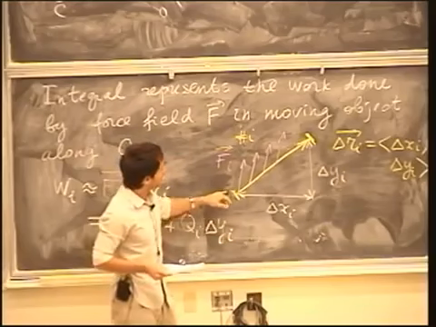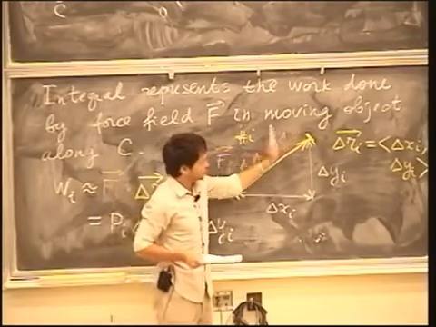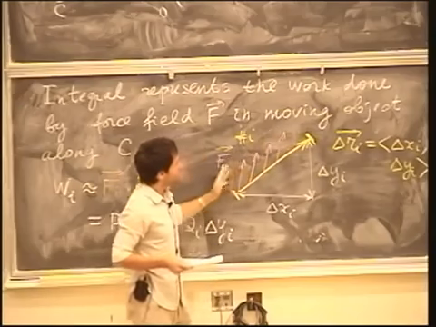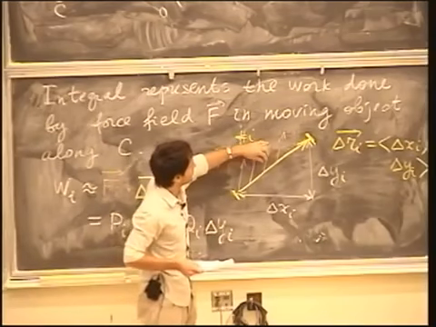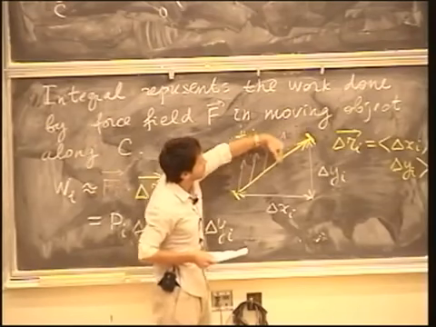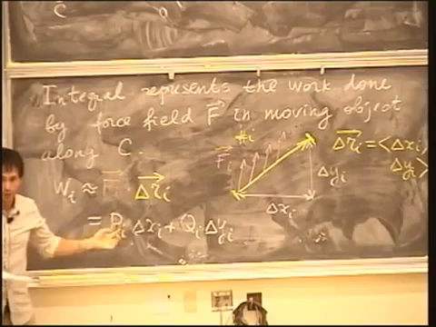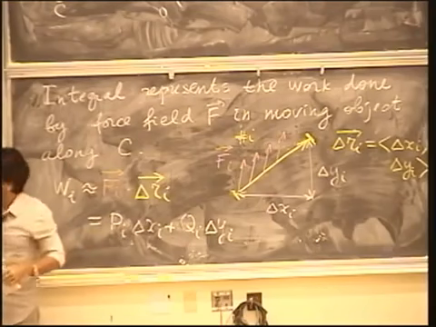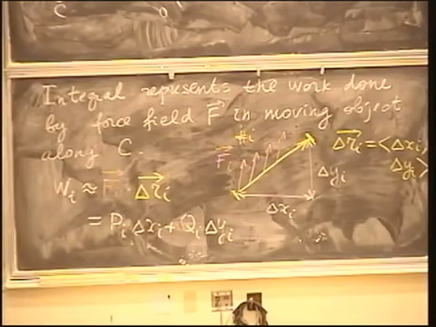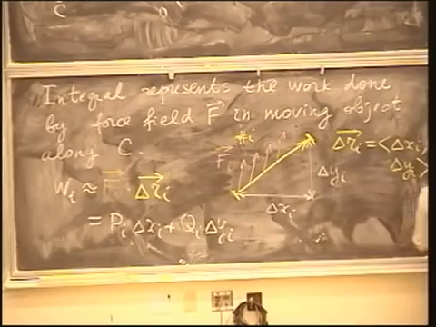And the second approximation we make is that the vector field also varies in general a little bit along this segment, but we are assuming that actually it doesn't vary. So we pick a particular value somewhere in the middle, and we just assume that it stays the same along this segment. So this is the kind of approximation that we make at this point. But the idea is that as our partition becomes finer and finer, the error of this approximation will go away. So we'll actually get the exact result. So the next step, in other words, is to take the sum.